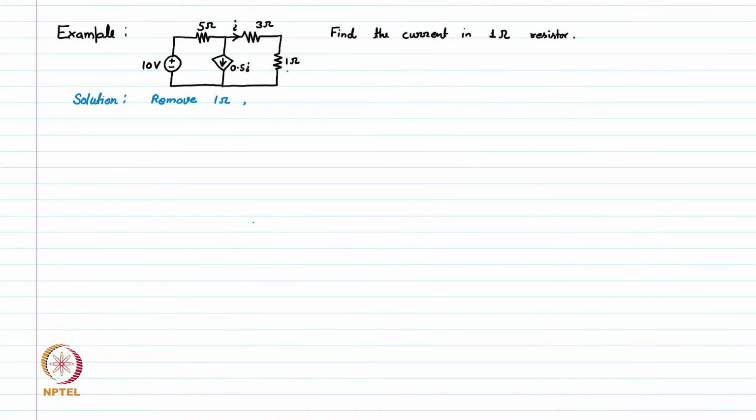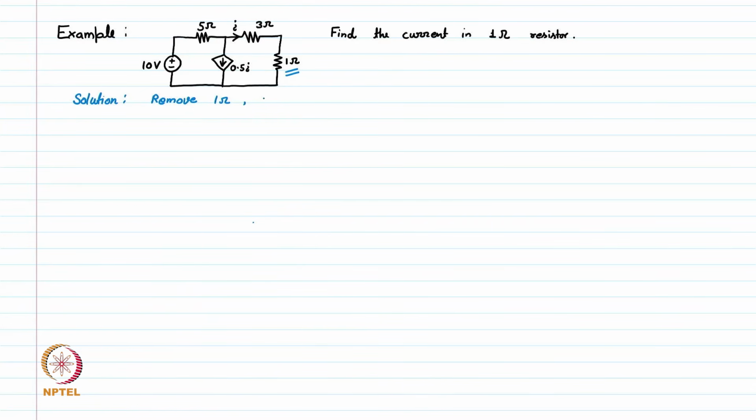If we remove this 1 ohm resistor, this current will become 0 because there is no path for the current to flow. It means this I will be 0. So, the value of this current source is 0.5 I, and I is 0, so this current source will also disappear. There will be no current source because I is 0. So, our circuit is simplified very much.